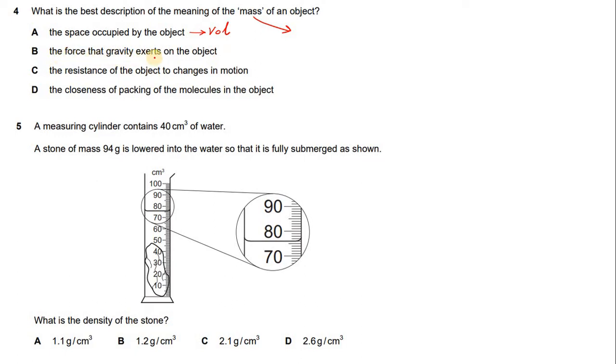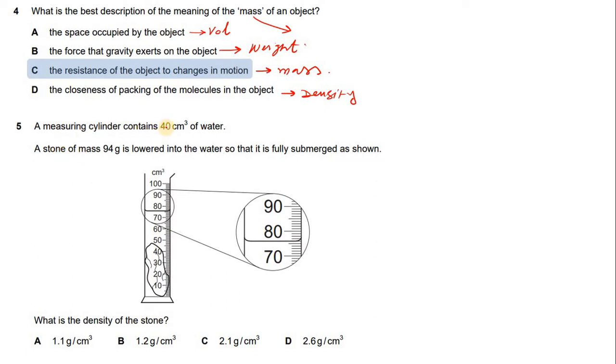The force that gravity exerts on the object is not mass, this is weight. The resistance of the object to change in motion, yes, this is the definition of mass. The closeness of packing of molecules in the object is the concept of density. So your option is C.